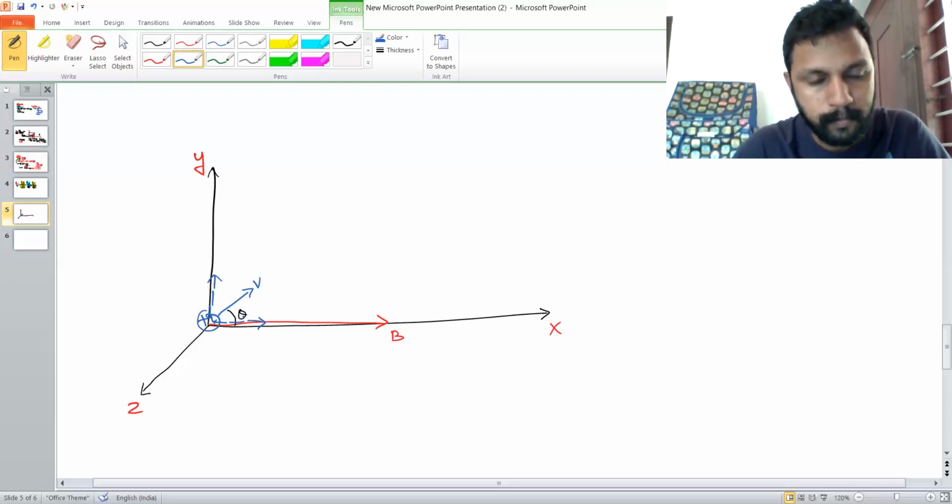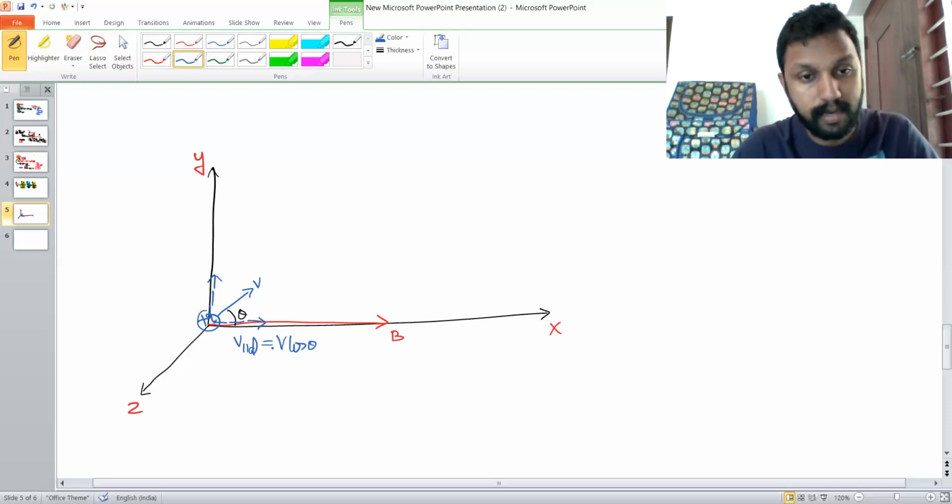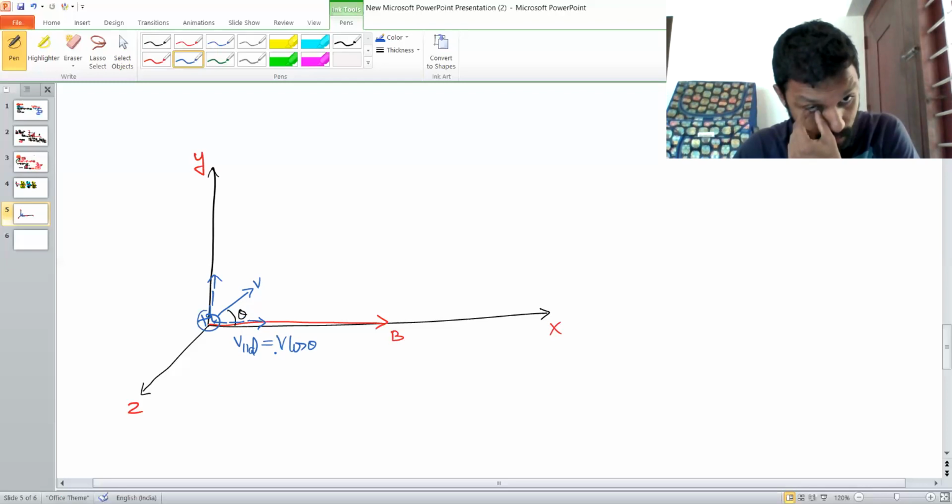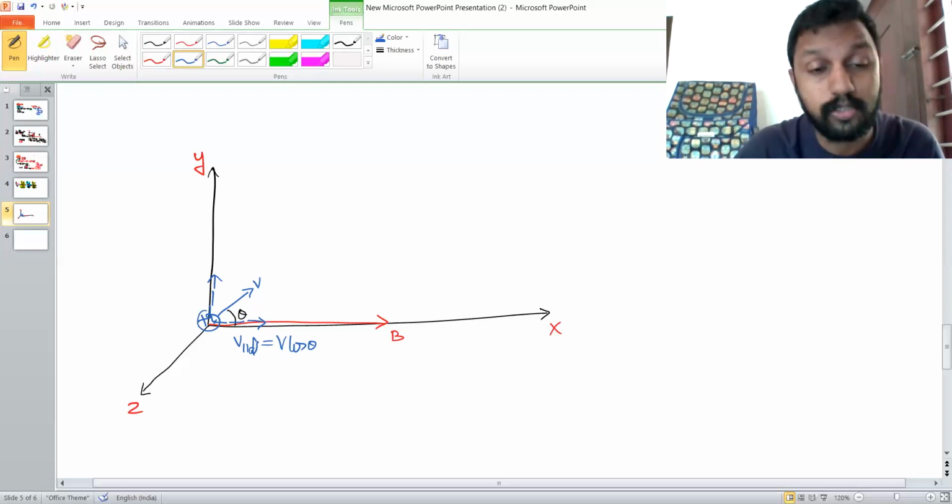to magnetic field. Therefore, this component is the V parallel component, and since this angle is theta, we could say this is V cos theta. The component which is near to the angle is called V cos theta.